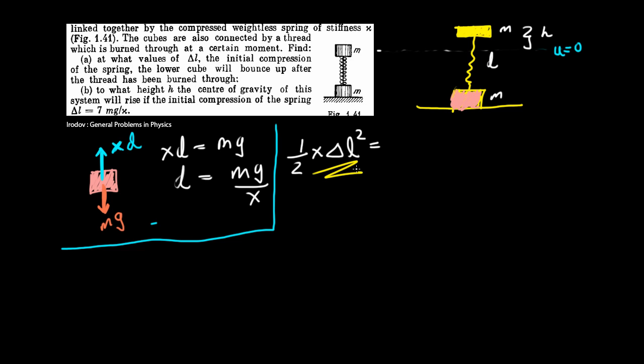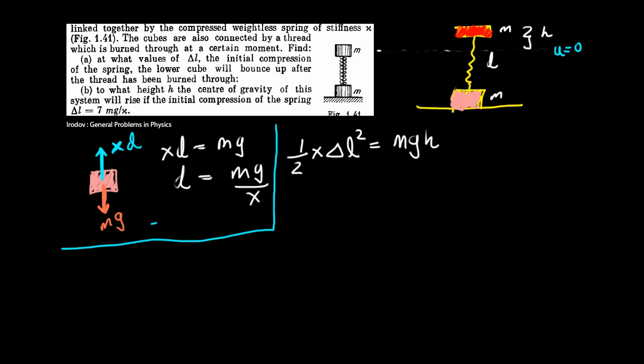Okay, so this is my overall initial energy, and that should be equal to the final energy, which is equal to this mass here, the top one, has gained potential energy, right? It has no kinetic energy because I'm considering the extreme condition. So this mass has come up by a distance of h, so it has potential energy associated with it, which is equal to mgh.